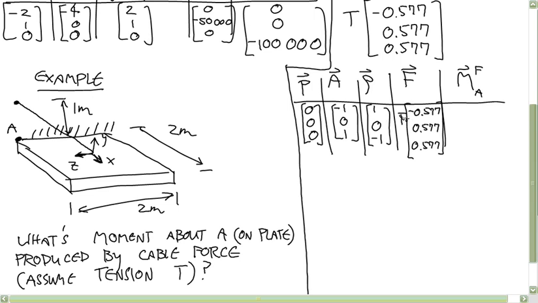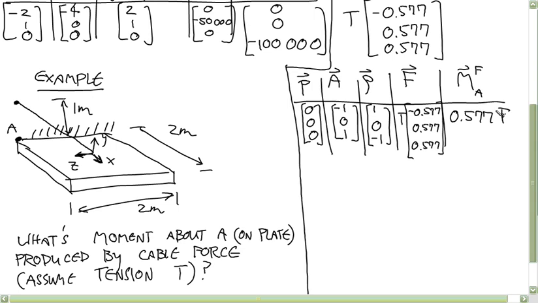In the X component of the moment, we have rho Y times Fz, so that's 0, minus rho Z times Fy, so 0.577 T.